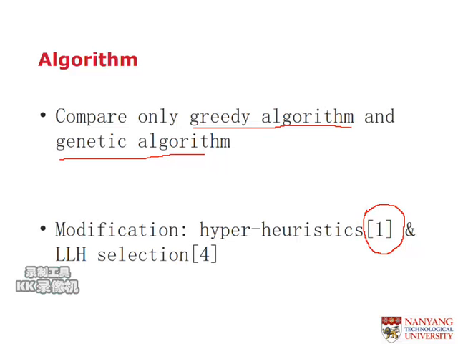A paper named "A hyper-heuristic scheduling algorithm for cloud", which is the first reference in the list, provides an architecture for different heuristic algorithms to embed into and construct a new heuristic algorithm, with the help of a low-level heuristic selection algorithm.